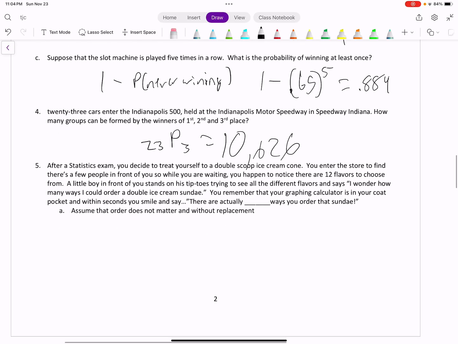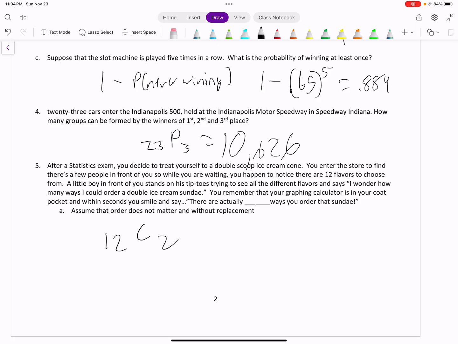So if order doesn't matter without replacement, that's combination. So we have 12 flavors where we're choosing 2. That's 12C2. I plug that into the calculator.